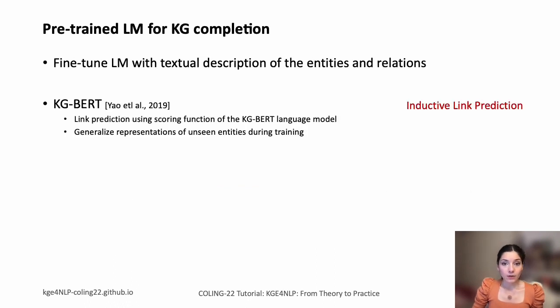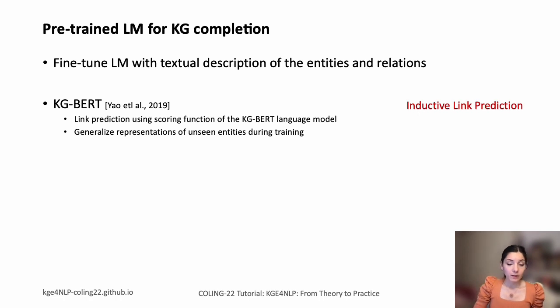Following along the lines of KGE completion task, there are also studies enriching KGE embedding with pre-trained language models, by fine-tuning the language model using the textual description of the entities and relations. For instance, KG-BERT treats knowledge graph triples as textual sequences and performs link prediction with a new scoring function.